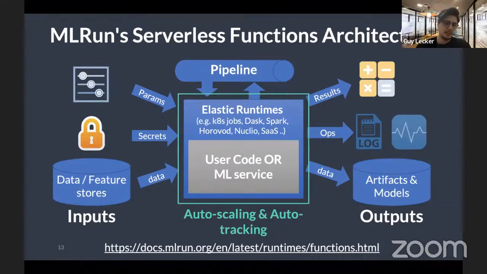The function still gets its input, it gets data, secrets, parameters, and once it runs, it tracks everything and every single log and output it yielded. It provides seamless tracking of all your work and all of your running functions.